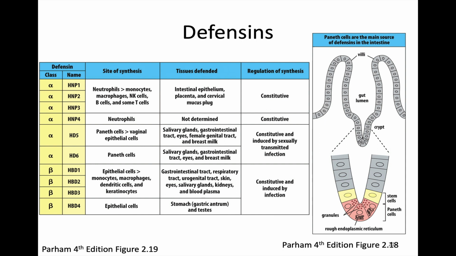One of the things that I want you to notice about all of these different defensins is that many of them are made in places like epithelial cells, and most famously, Paneth cells, which are cells in the intestine.